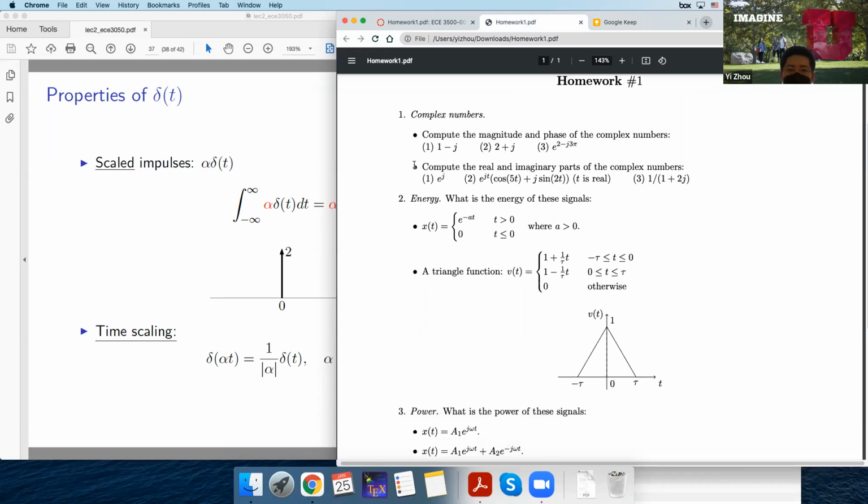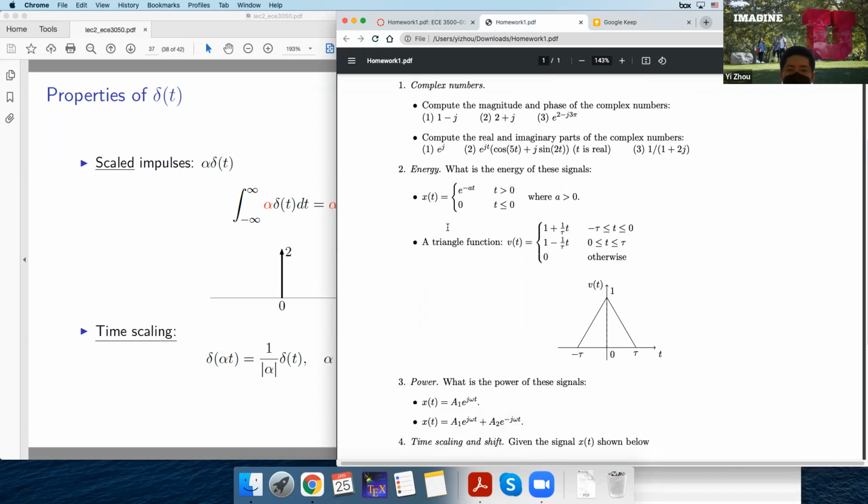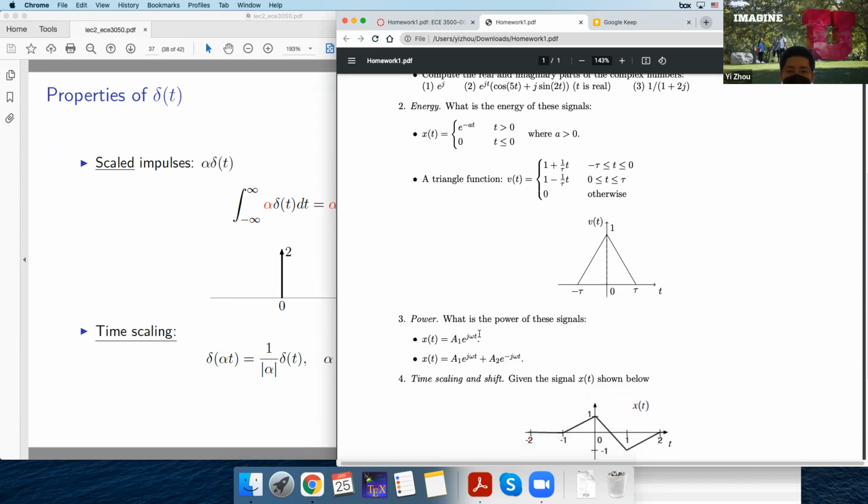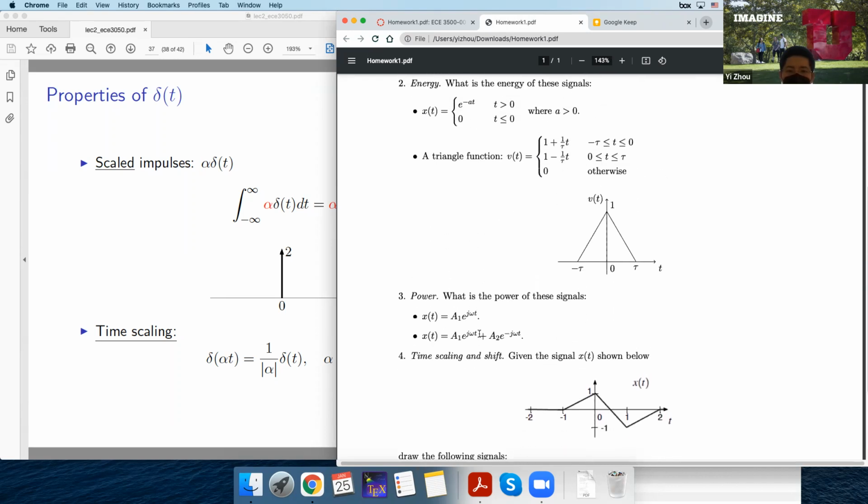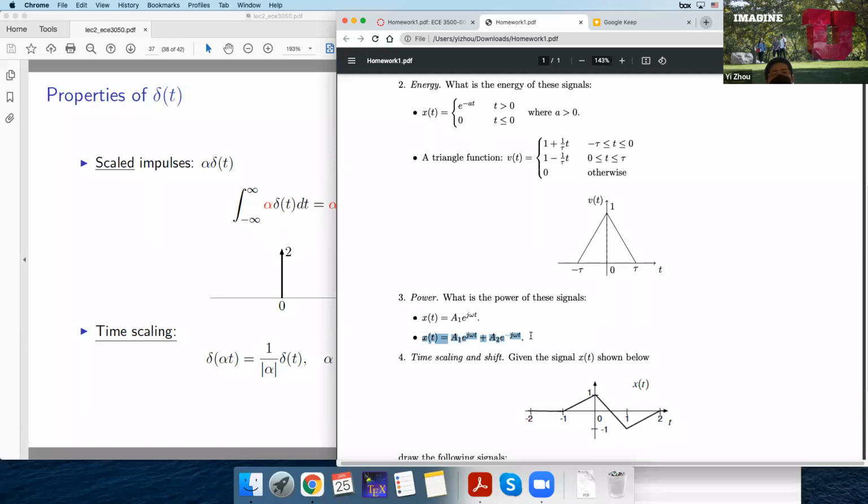Problem 1 is compute complex number. Problem 2 is calculate the energy. Problem 3 is calculating the power. I have one question here for this signal. In order to calculate the power, you need to first identify the magnitude, right? It is in that formula.